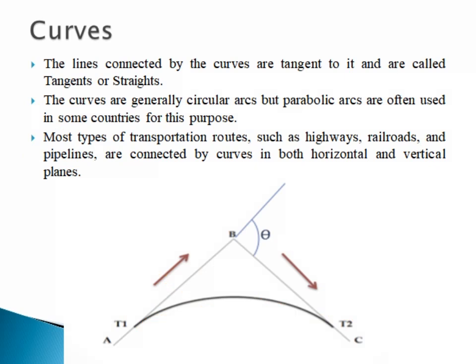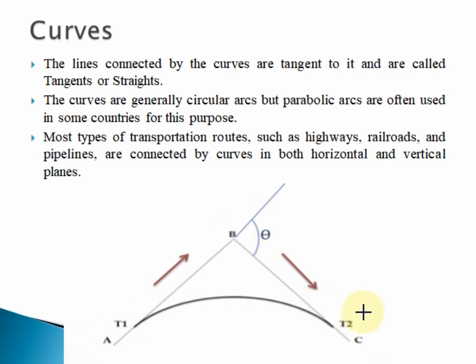Then the lines connected by the curve are tangent to it and are called tangents or straights. So these T1 and T2 are the lines T1B and BT2.